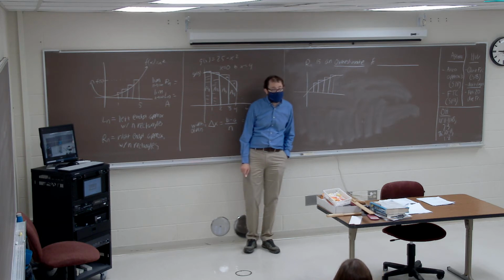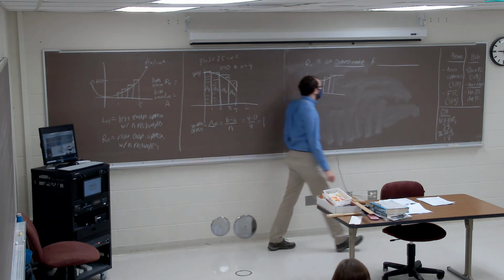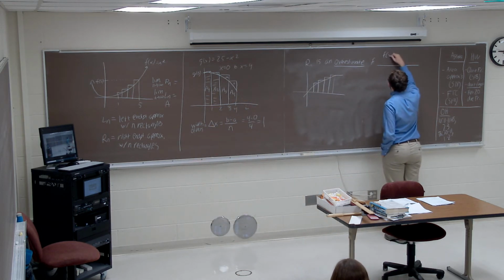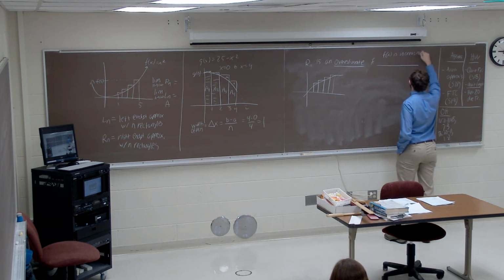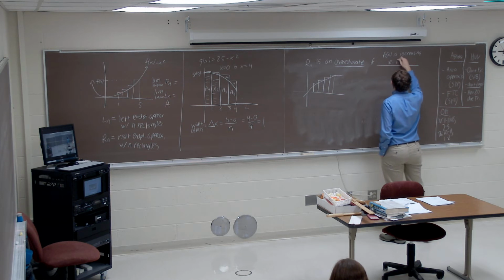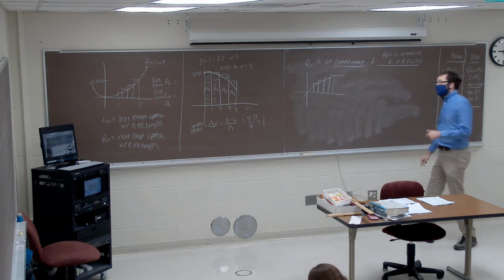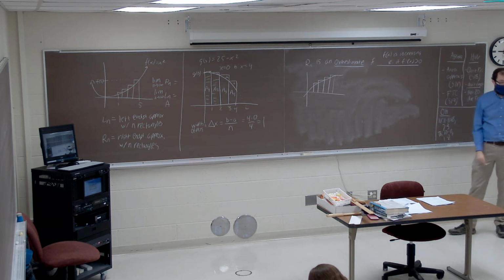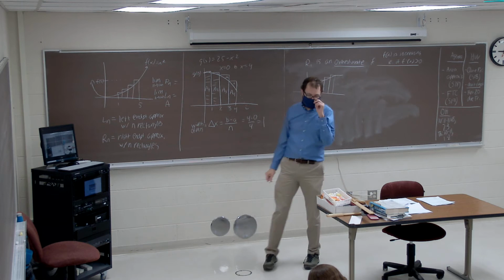If f prime is positive. Yeah, if our function f of x is increasing, i.e. if f prime of x is positive over our interval, then R sub n is always going to give you an overestimate.